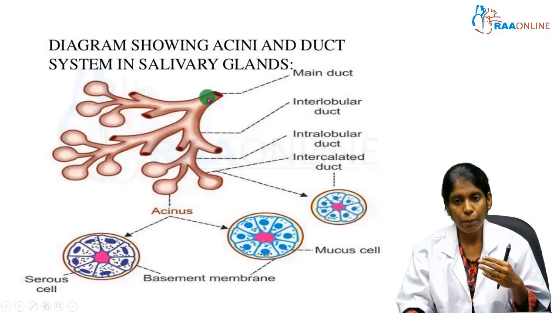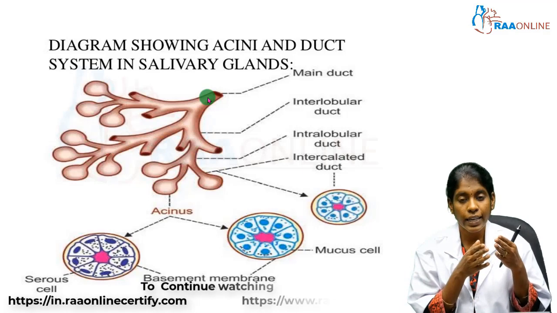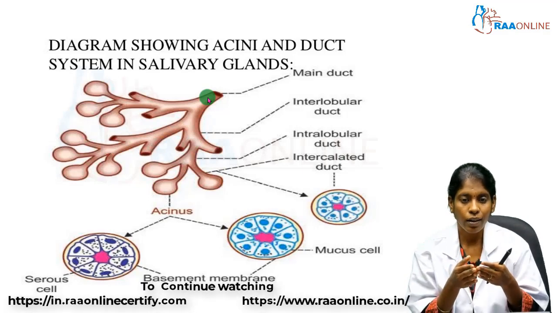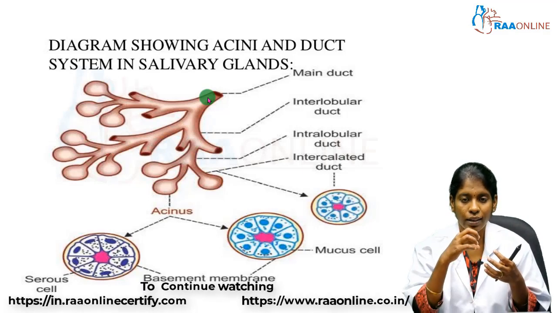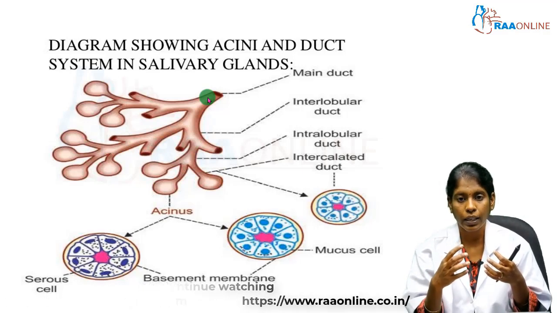The main duct is also lined by columnar epithelial cells, but at the junction where it drains into the mouth, the duct is lined by squamous epithelial cells.